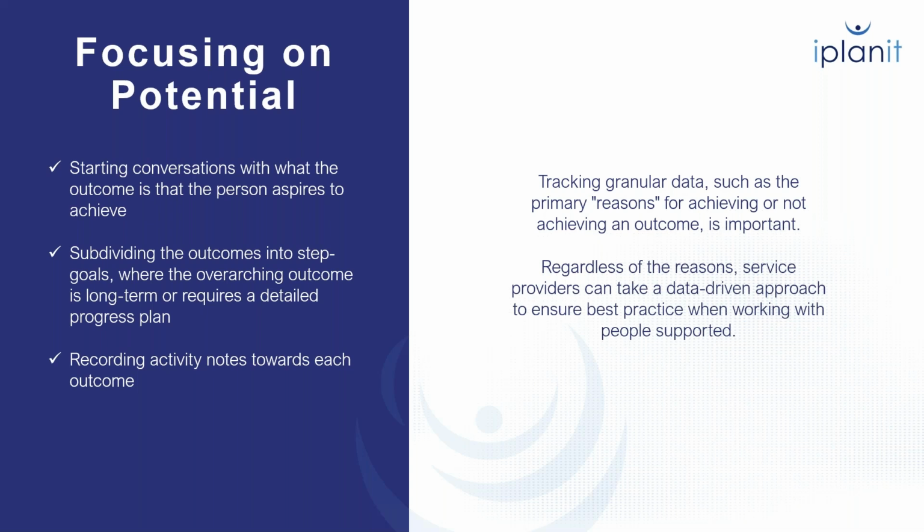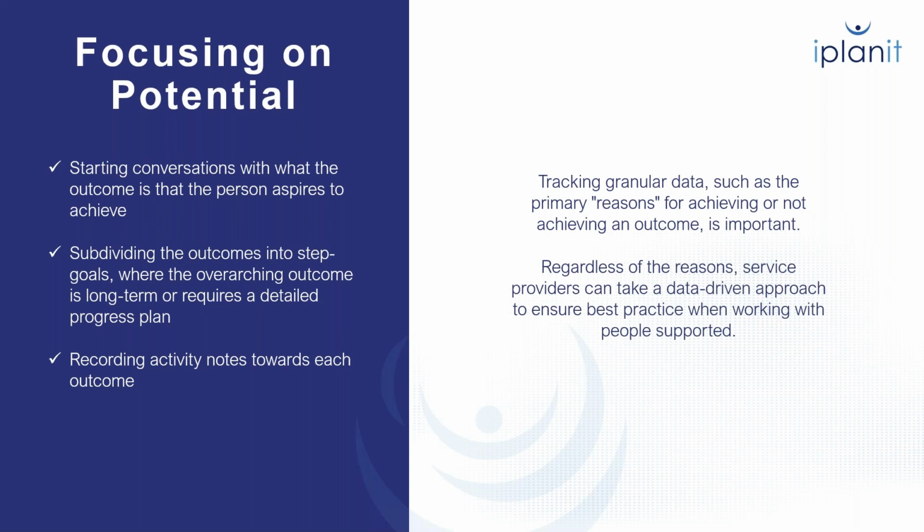So some examples, for instance, could be if the primary reason for not achieving an outcome is that the person changed their mind, or they didn't want to, then a change of approach may be required for that participant.